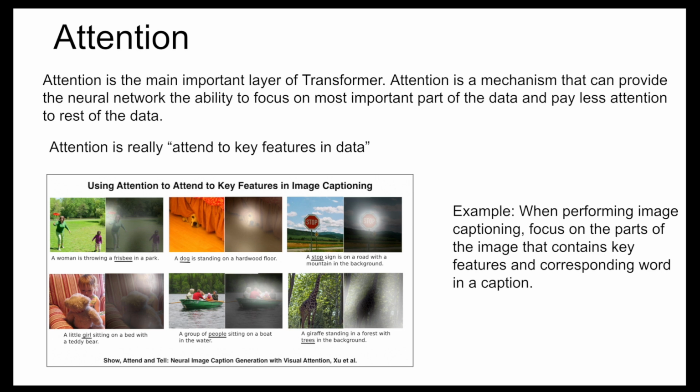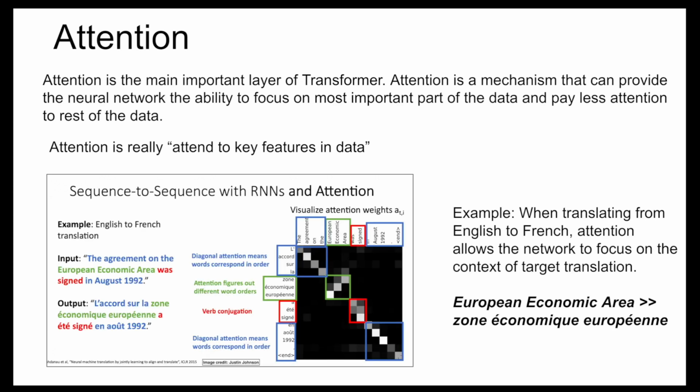So this was in computer vision, and there is another example in natural language processing as well, especially in machine translation. People tried to use attention along with recurrent networks to give the network the ability to look at the context of the sentence being translated.